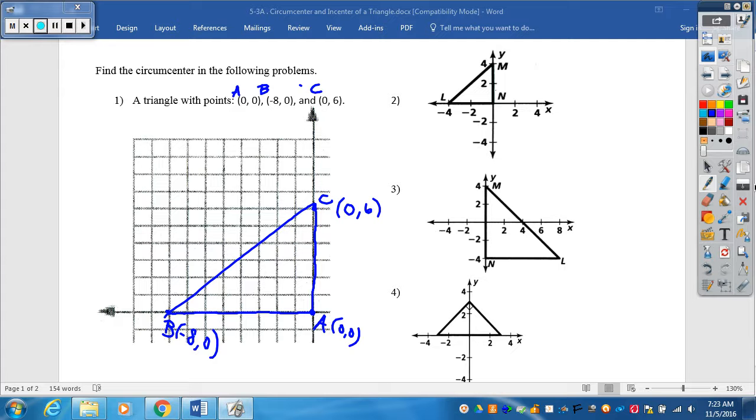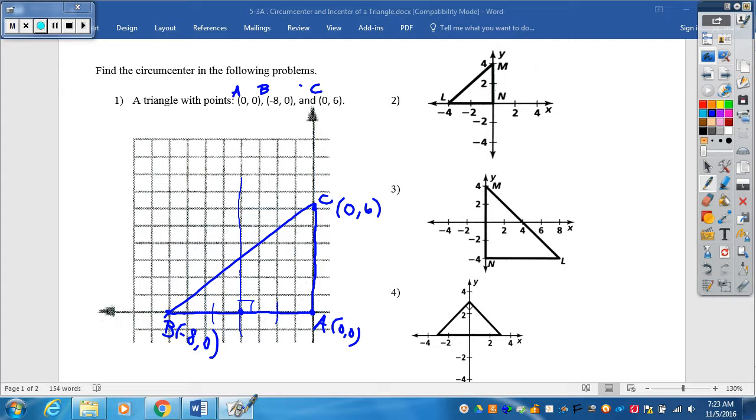Now remember, from the previous problem that we did just freehand, we said we found the midpoint first and did the perpendicular bisector from there. So the midpoint between 0 and -8 is going to be -4. 1, 2, 3, 4, right there. Okay. And I'm going to do a perpendicular bisector through that point. Sweet. All right. Perpendicular bisector.